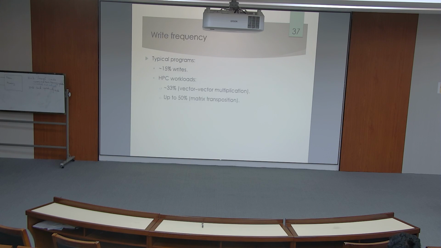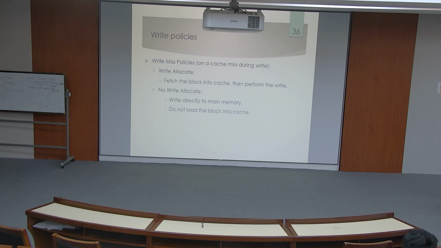Now, for the write miss policy on a cache miss during write, we have write allocate. That means the block needs to be fetched into the cache memory, then it performs the write. With no write allocate, the system writes immediately to the main memory, not into the cache memory, so it does not have to load the block into the cache memory.